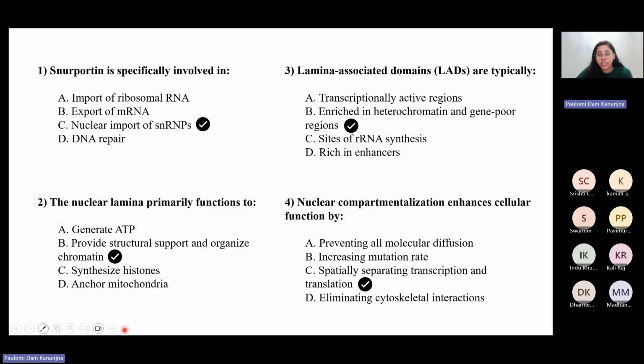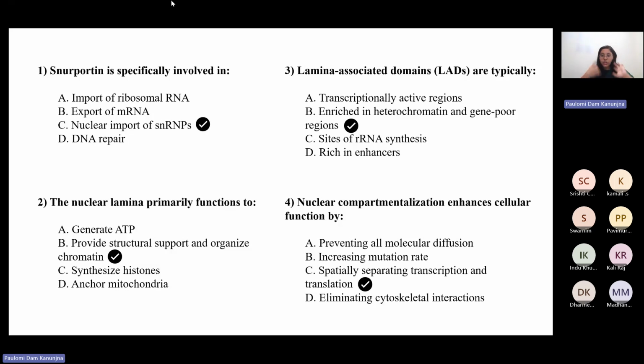Okay. Now the third question, I hope that is the third question. Yes. Lamina-associated domains are typically associated with enriched heterochromatin and gene-poor regions, right? So LADs are usually gene-poor and transcriptionally repressed. Now, wherever they are interacting with lamins, they are already hidden away from the accessibility zones.